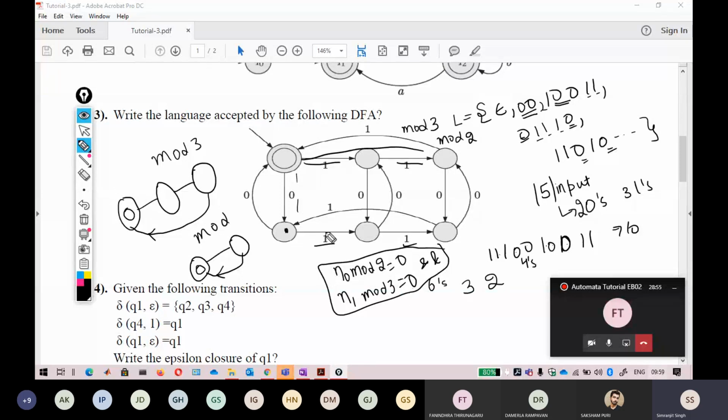You can see it from the strings: 1 2 3 4 5 6, so 6 is divisible by 3. In the same way, 4 is divisible by 2 also. Okay, so I think you got the point here.